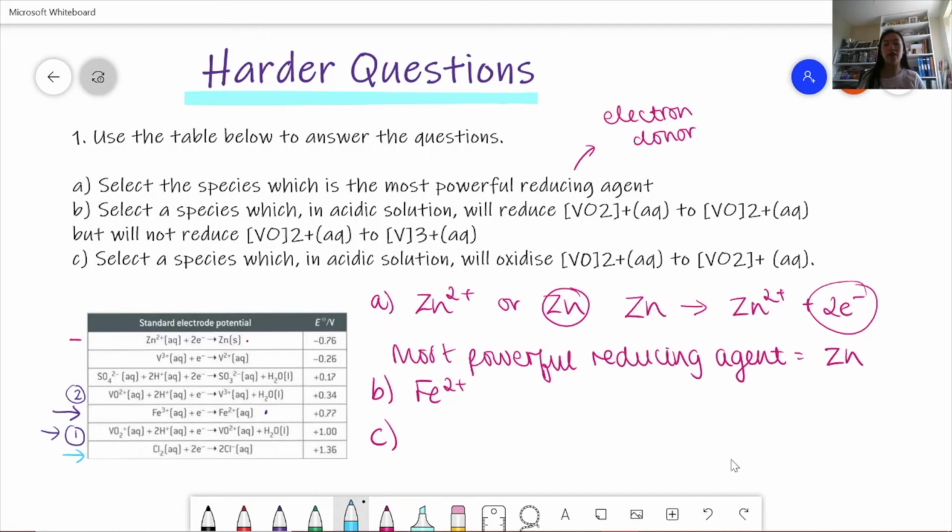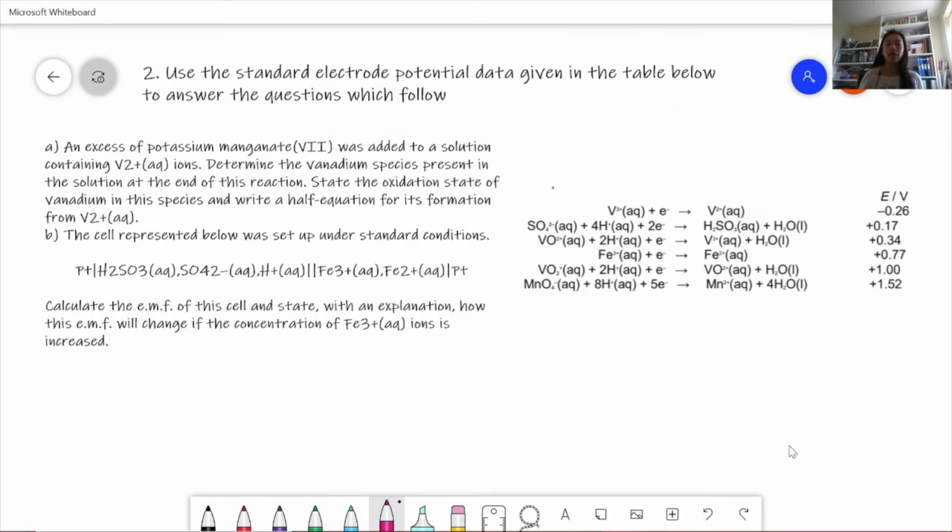So now we need to work out between chlorine and chloride which one is the oxidizing agent. And so the oxidizing agent is the electron acceptor. From this equation, we can see that chlorine is the electron acceptor because we're adding on 2 electrons to form chloride ions. And so our answer is chlorine. So before I move on to question 2, feel free to pause the video and try it for yourself first.